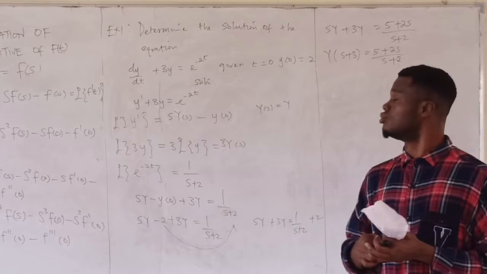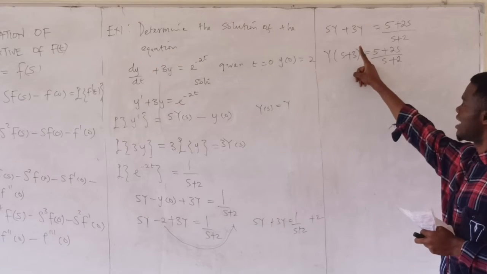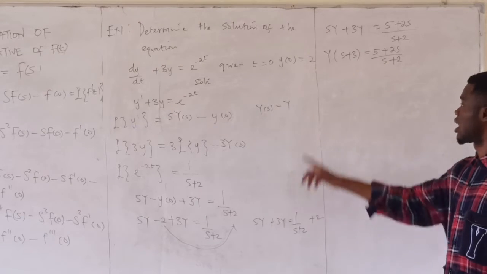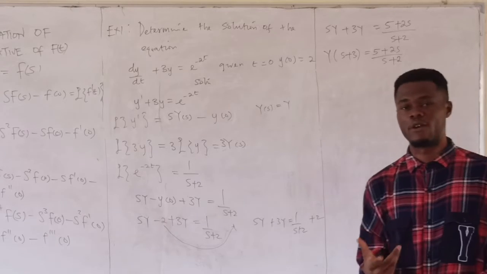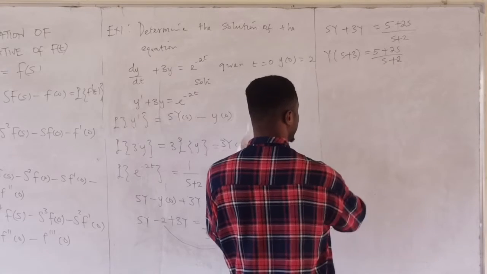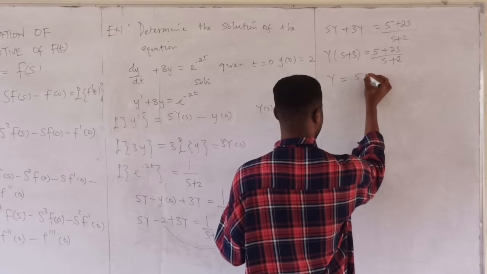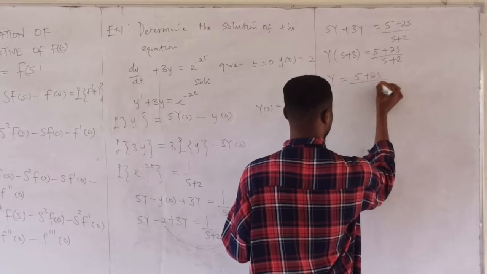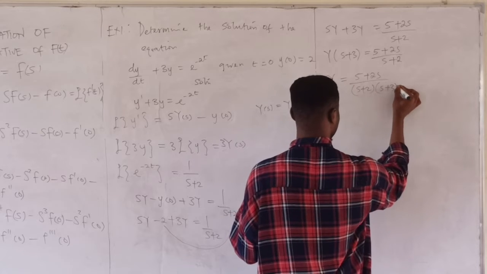So the next step we are going to do is to multiply both sides by 1 over s plus 3 because I want to make y stand alone. I want to make y the subject of the formula. So to do that, if I multiply both sides by 1 over s plus 3, I have y equals 5 plus 2s divided by s plus 2 into s plus 3.